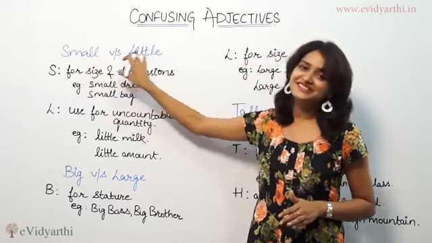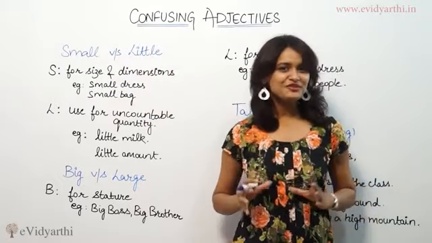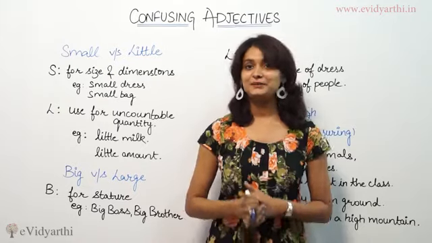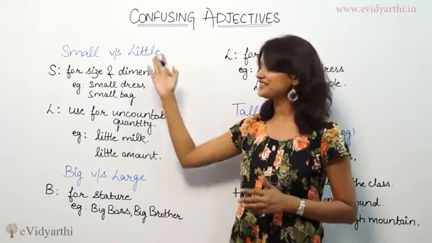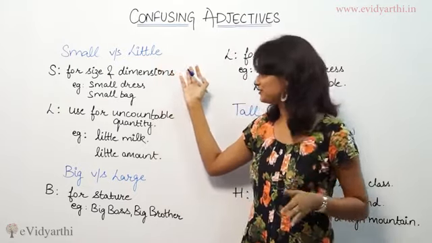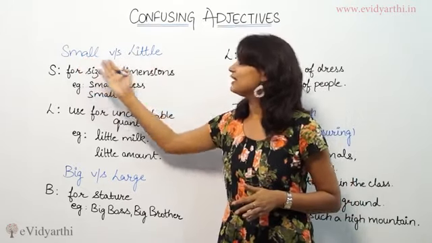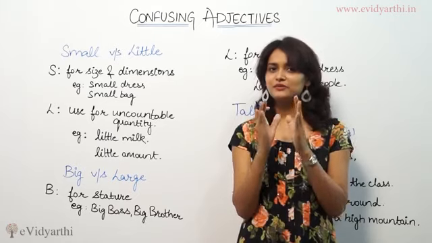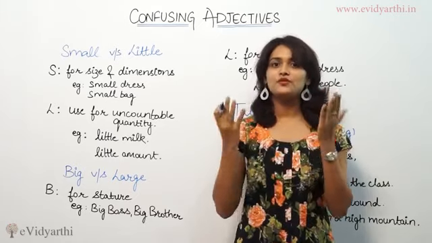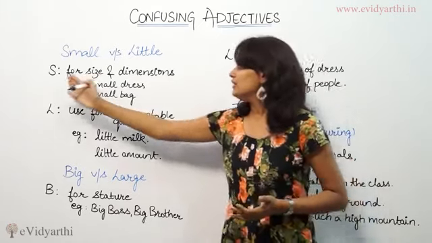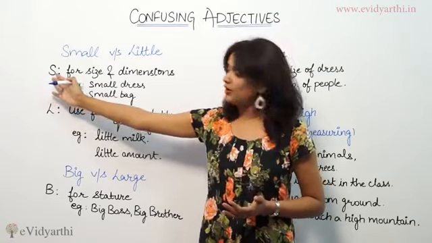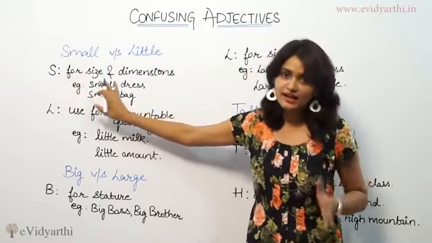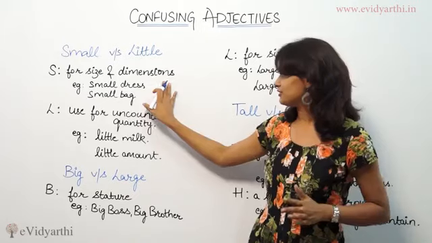Small versus little. Both of the words are near in their meaning, but where can we use them? That's the problem, and that's what I'm going to tell you. When we say small and when we say little, something very short comes to mind. Taking the first one, small is used for size or dimensions.